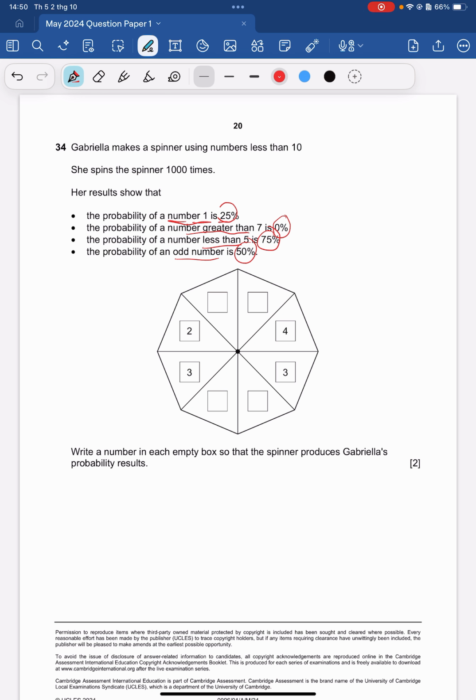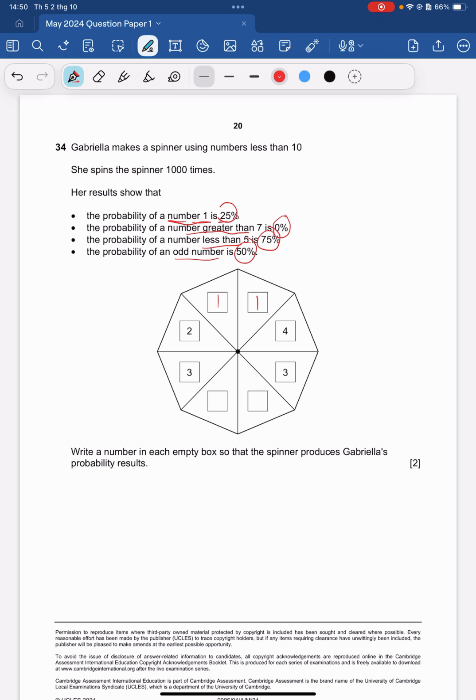Okay, number 1 is 25%. That should be 2 number 1s, right? Okay, 2 number 1s. And number greater than 7 is 0, so no number greater than 7. They are all less than or equal to 7.